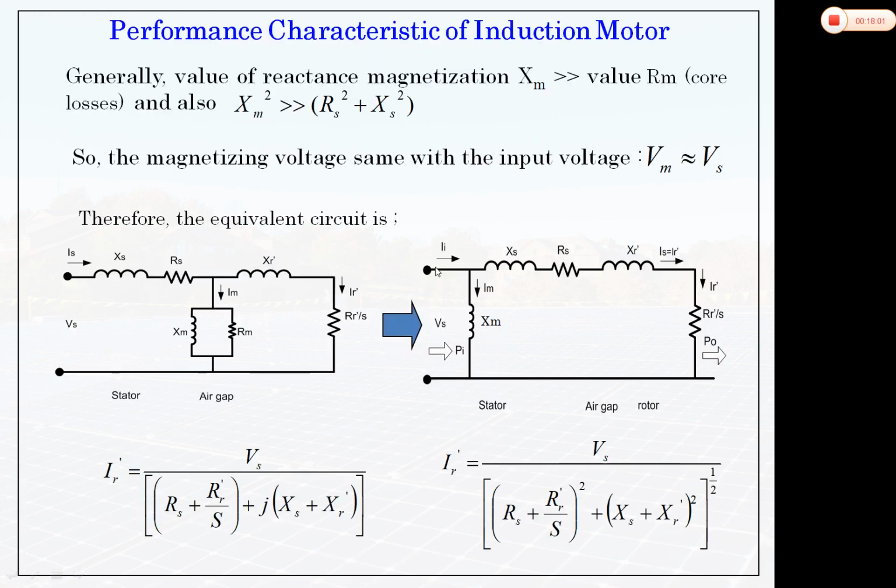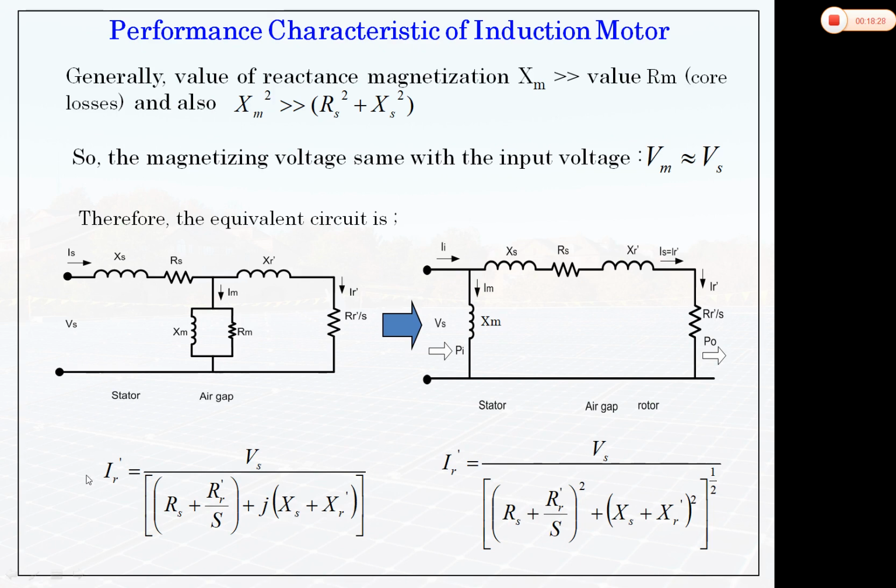So from this figure we can find the rotor current. Rotor current will be Vs, in vector form, divided by the resistances Rs plus Rr prime upon S. These resistances are in series, so we added them, plus j times the reactances, which are again in series, so j times (Xs plus Xr prime).